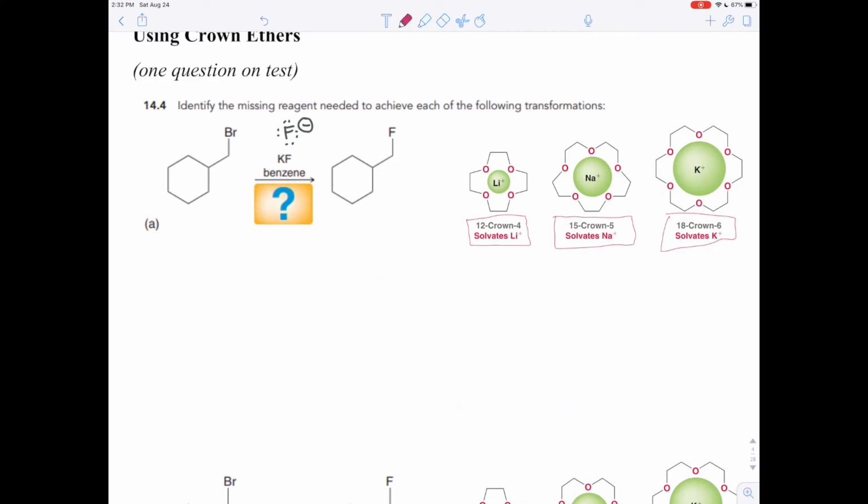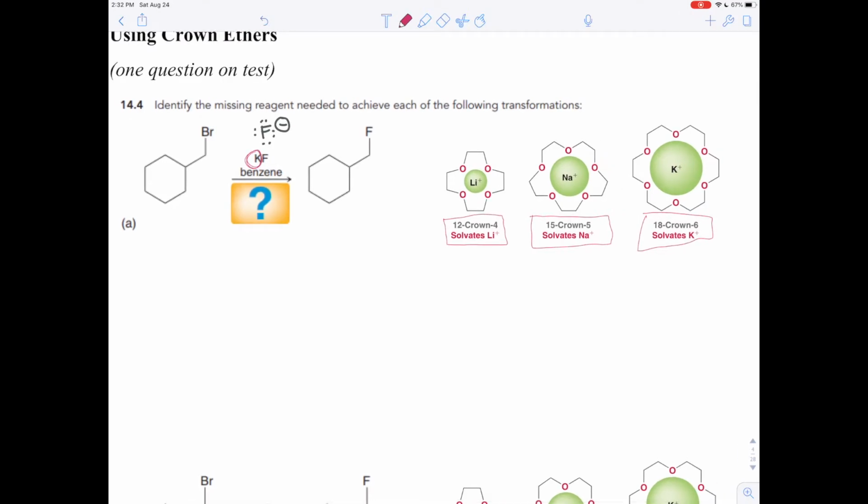So here, the ion we need to coax away from fluorine is potassium, and the crown ether that could coax it away is 18-crown-6. So we would want to add 18-crown-6. That would steal the potassium. Then you'd have fluorine all by itself. It would be able to attack that carbon, bromine would leave, and you'd get the substitution reaction. And that's a really significant thing.